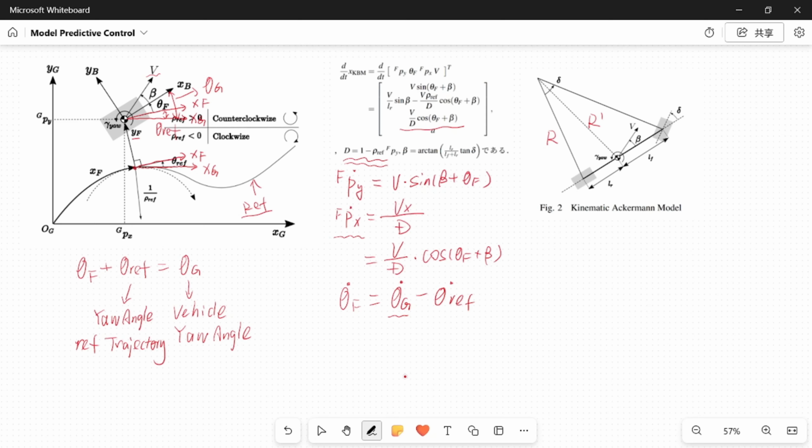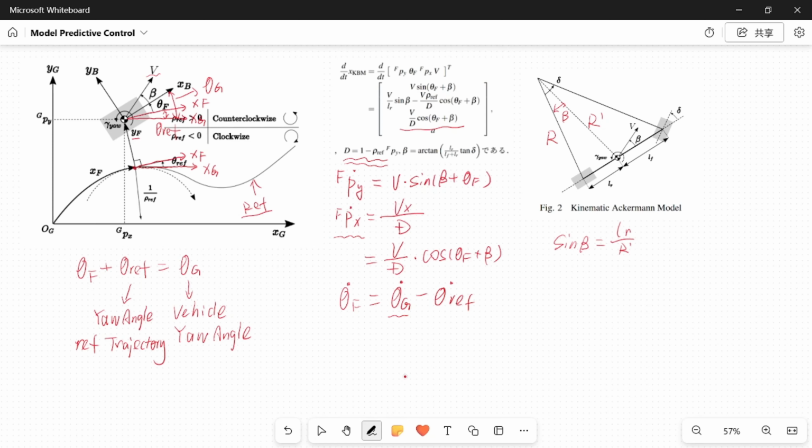So this delta is the steering angle, and this angle should be beta. And here, sine beta equals LR over R prime.